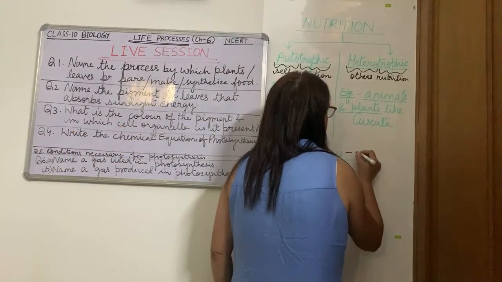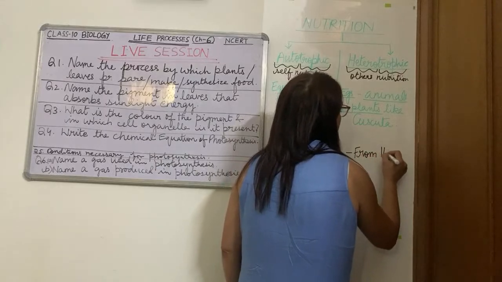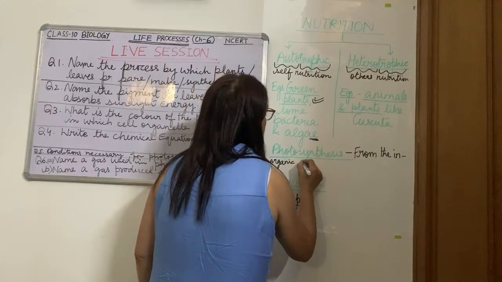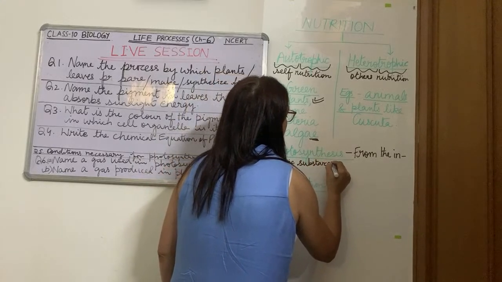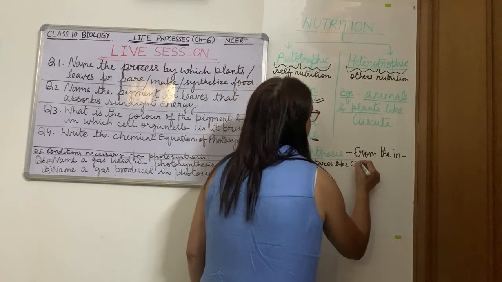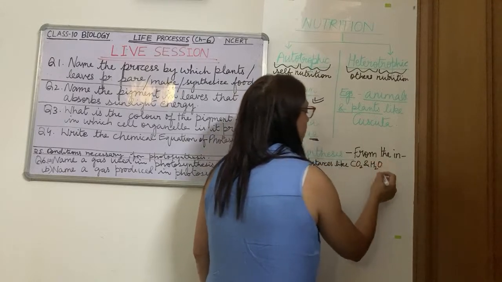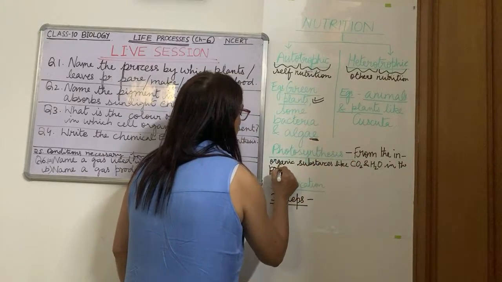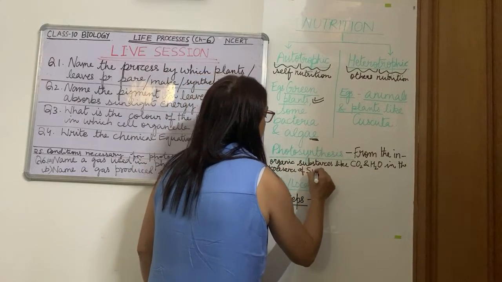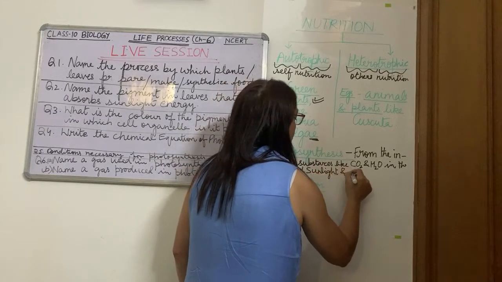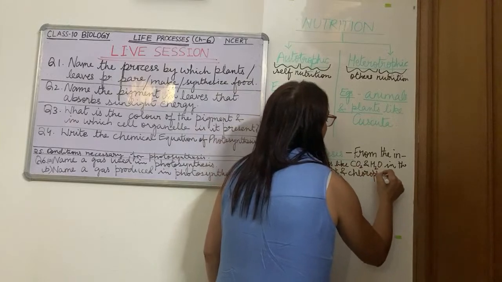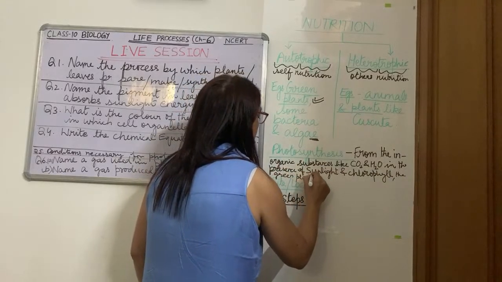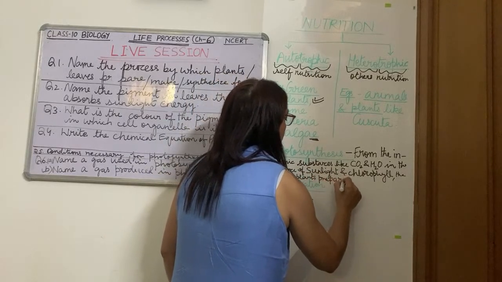So from the inorganic substances like carbon dioxide and water, in the presence of sunlight and chlorophyll, the green plants prepare their own food.